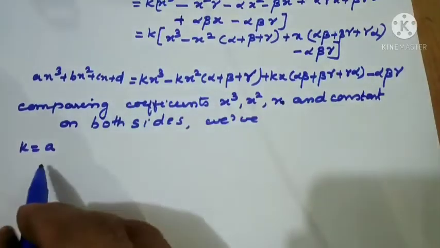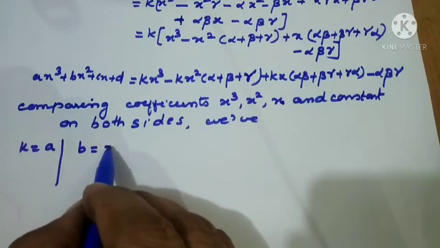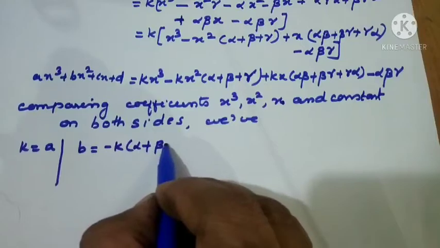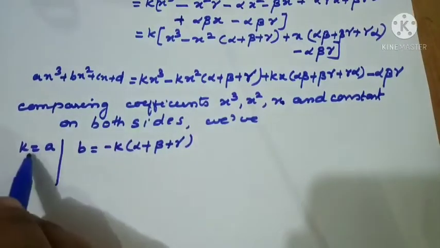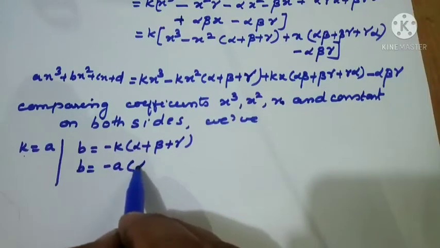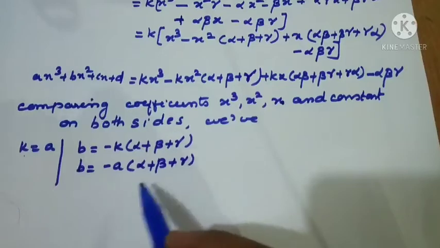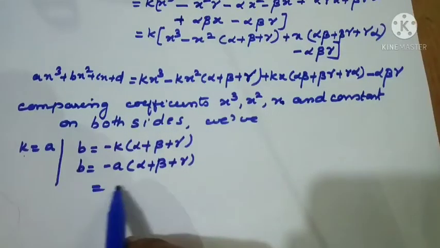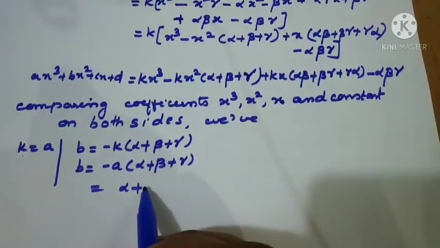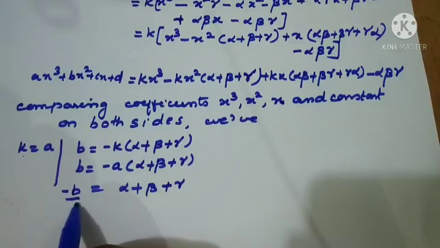Now the coefficient of x square means b equal to minus k into alpha plus beta plus gamma. What is k? k equal to a, so b equal to minus a into alpha plus beta plus gamma. So what is alpha plus beta plus gamma? Minus b by a.